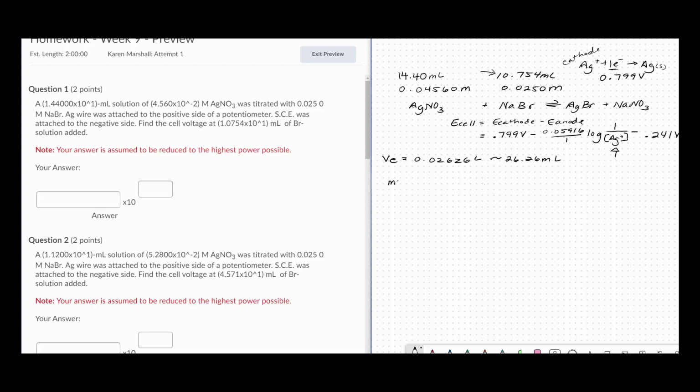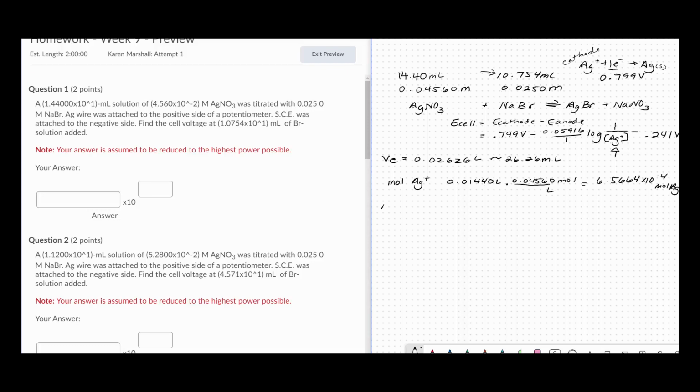So let's find out how many moles of silver we started with. In order to do that, I'm going to take the volume of silver and multiply it by the concentration of the silver. And I get that we start with 6.5664 times 10 to the negative 4 moles of silver.